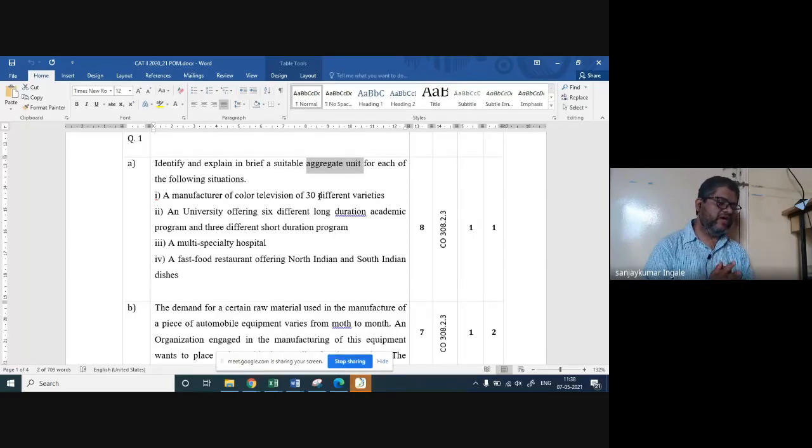Suppose we have 100 hours with us, and in those 100 hours we can produce, say, 60 HD TVs, which requires around 50 hours, and we can produce around 30 3D TVs, which again requires 50 hours.